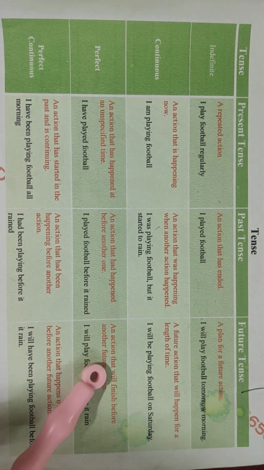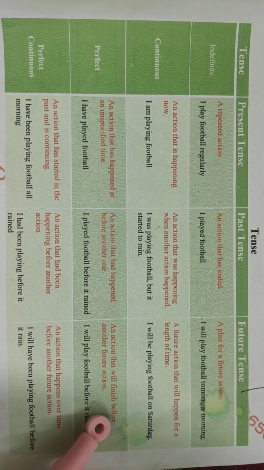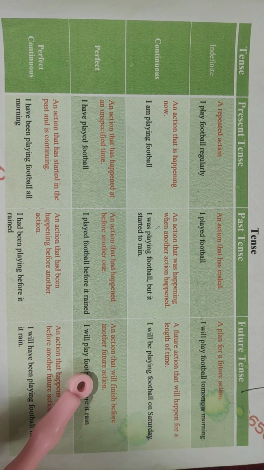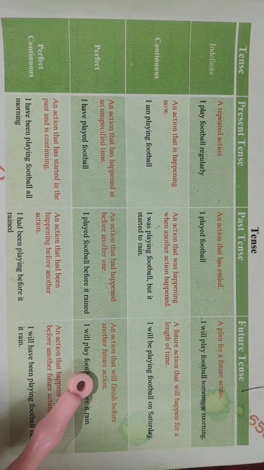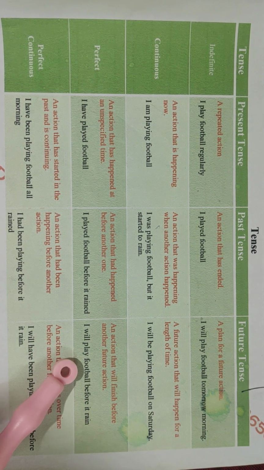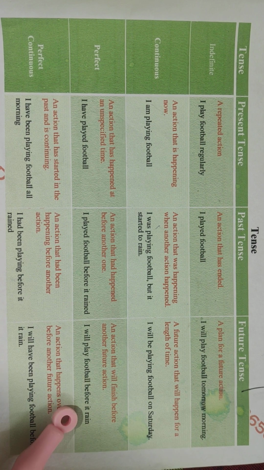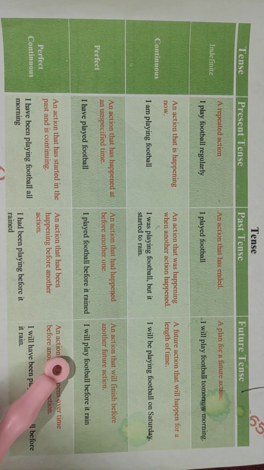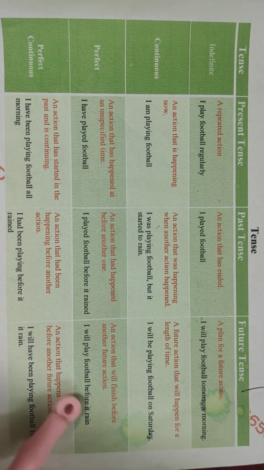An action that will finish before another future action. Here also it relates to two actions. For example, I will have played football before it rains. So he is going to play football before the rain starts.